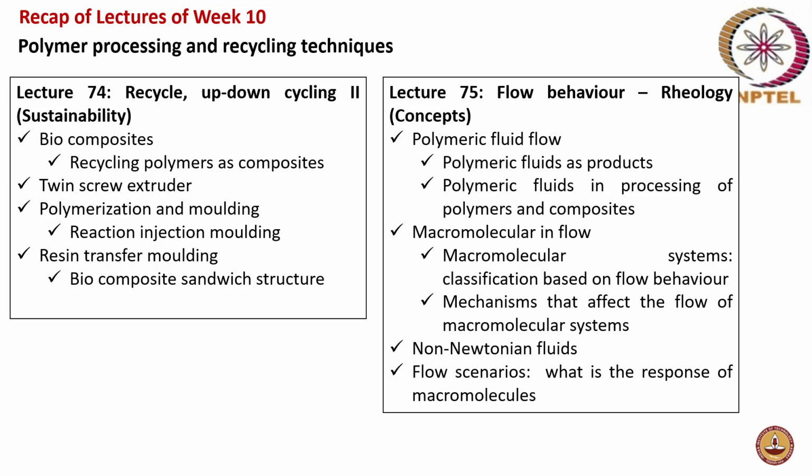So these all affect the flow of macromolecular systems. And then entanglement and molecular architecture, like a linear or branched or cross-linked system. If a polymer is linear or branched or cross-linked, the flow behavior will vary.